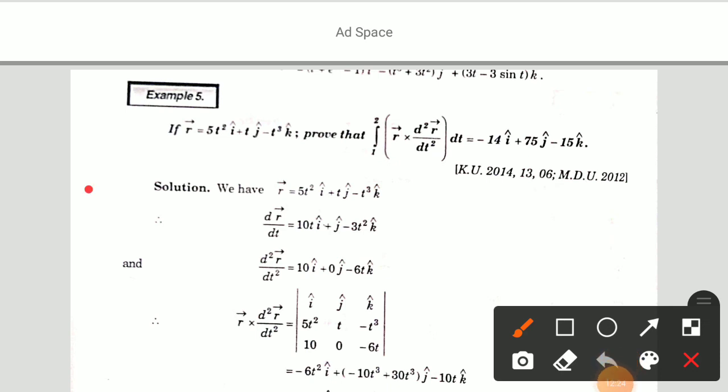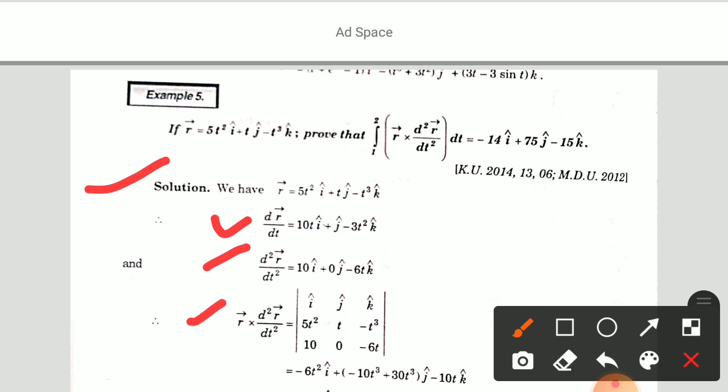Now for the solution, we have r is equal to 5t square i plus tj minus t cube k. Therefore dr by dt is equal to 10t i plus j minus 3t square k. The second derivative, d square r by dt square, is equal to 10i plus 0j minus 6t k.